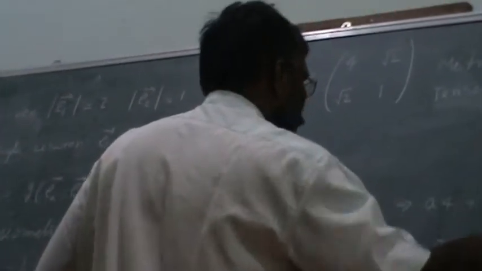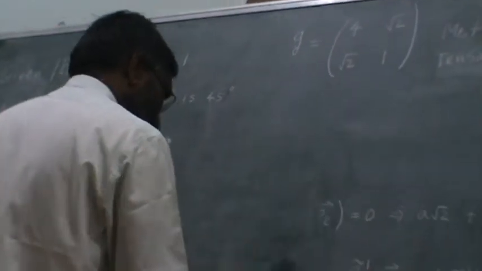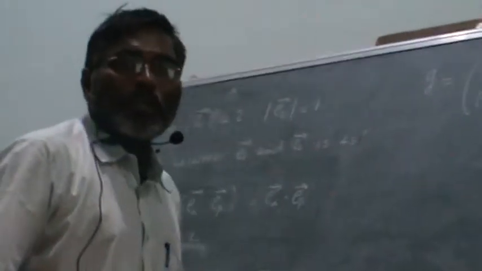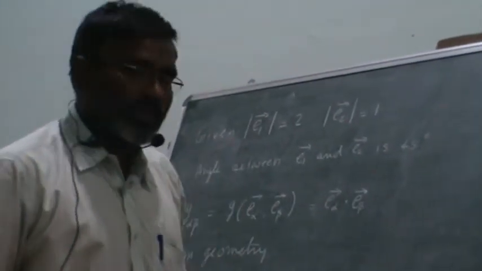Now you can ask a question here. I did not write: is this the inverse of this matrix? That question one can ask. Suppose you treat this as a 2 by 2 matrix, and I ask what is the inverse of this matrix.